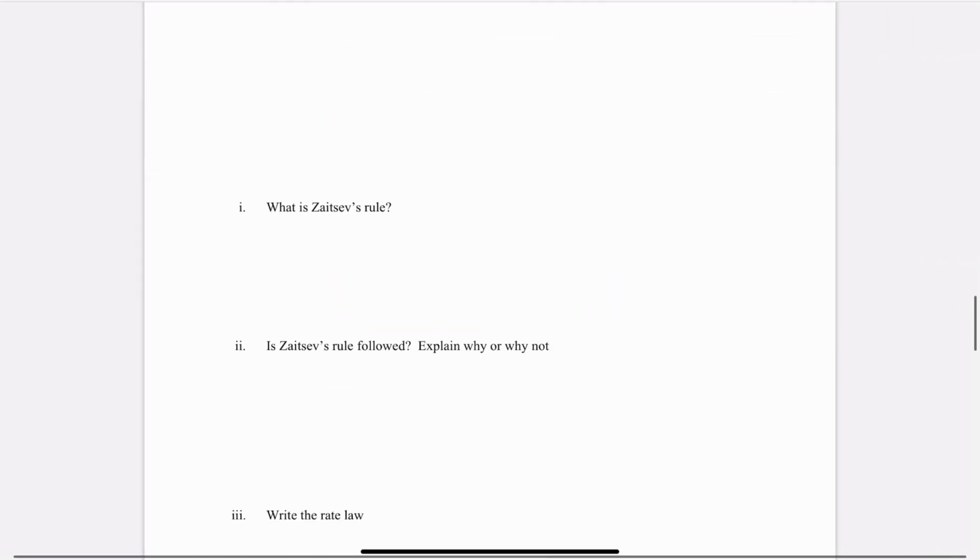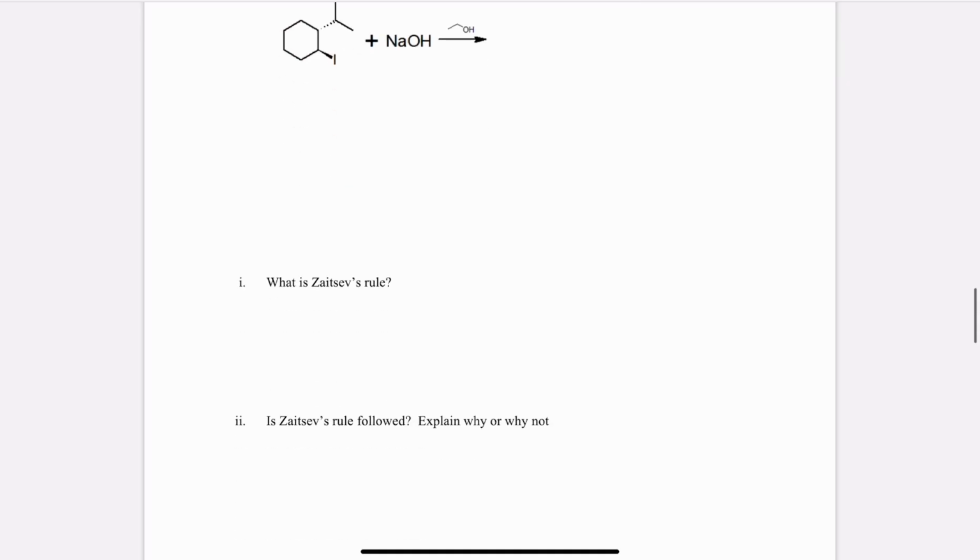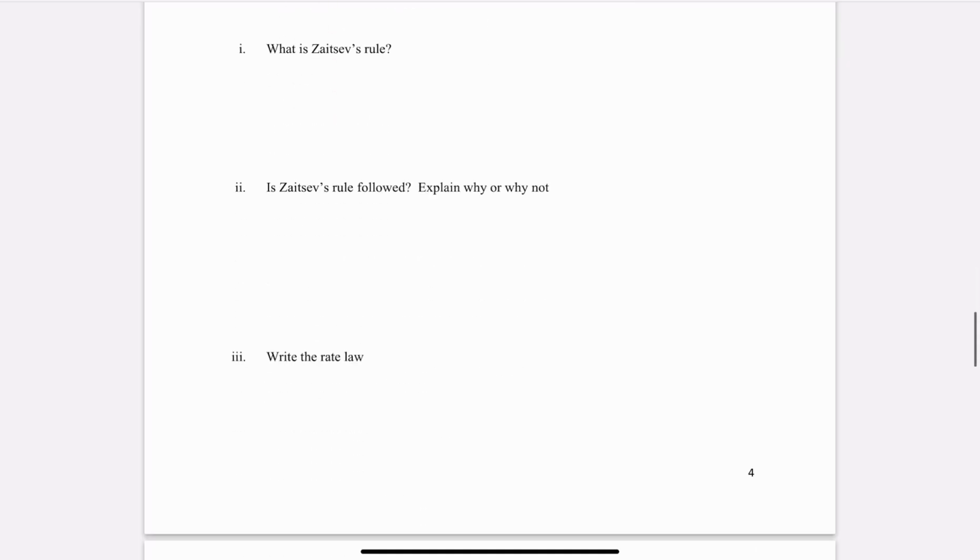Now let's write the rate law again, because once you figure out what it is, S or E, and the 1 or 2, the 1 or 2 part is giving away the rate law. It's telling you how many things are going to be in the rate law.